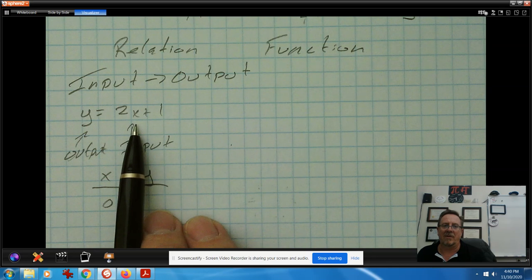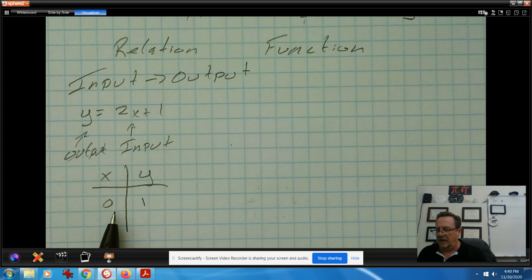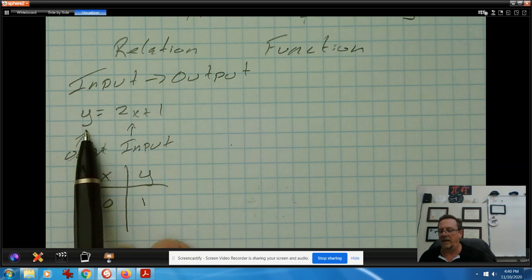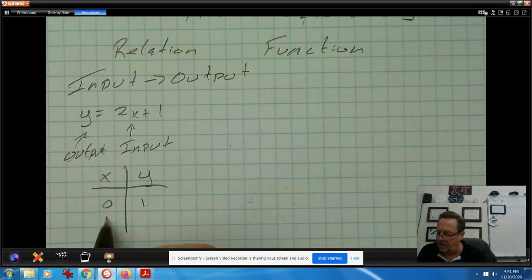So when you plug 0 in for x and you reduce this side, you get y is equal to 1. So here's the pairing. Put in a value of 0 and it gets paired to, or matched up with, 1. I've paired those together. That's a relation. We say that there's a relation there, that y is assigned a value depending on what you put in for x.